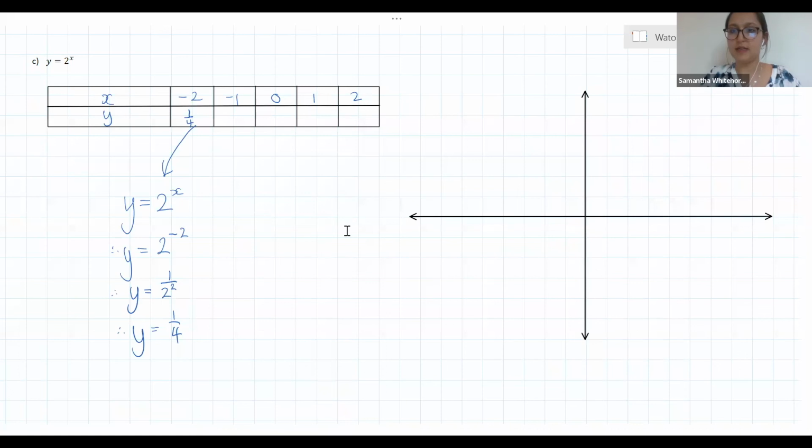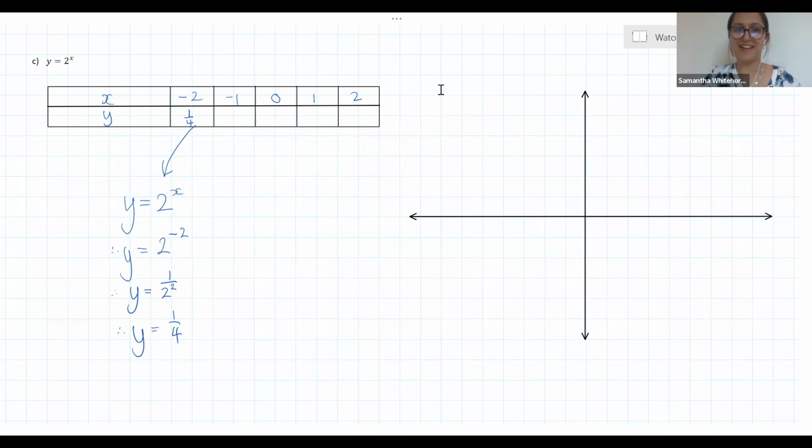Okay, Letu, would you like to give us the output when our input's -1? Letu, you there? Okay, Ria Betswe, would you like to give us the output when the input's -1?